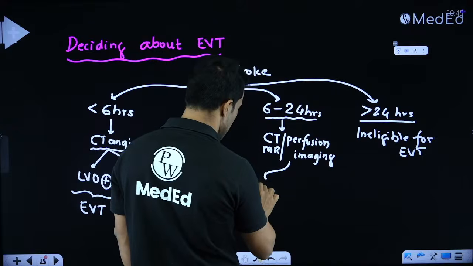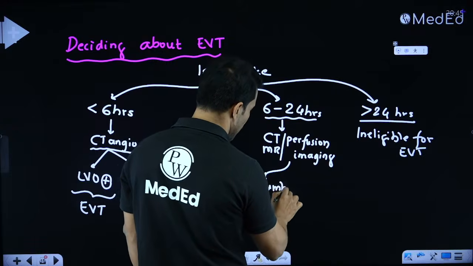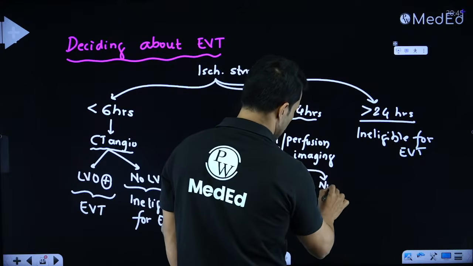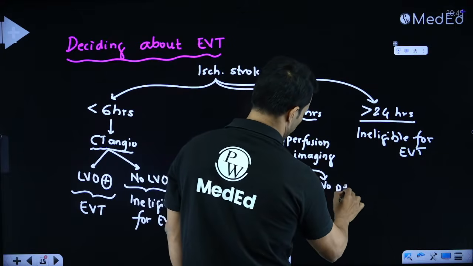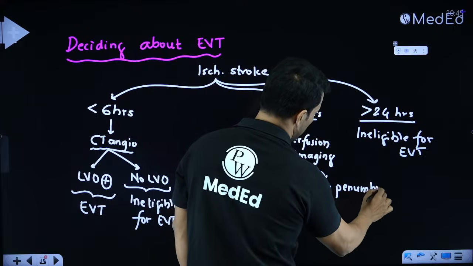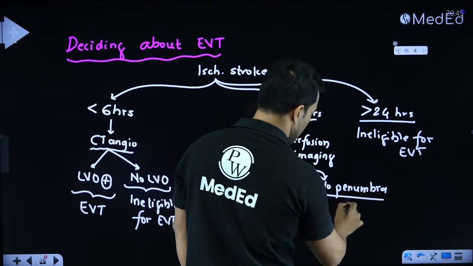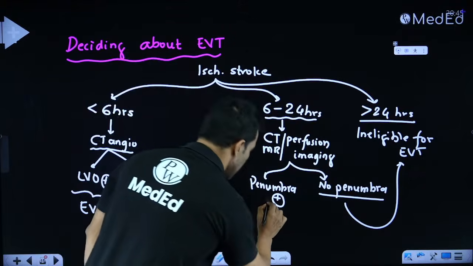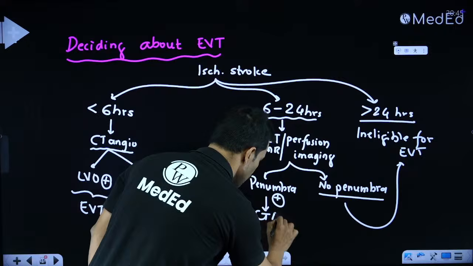If penumbra is present and on the angio there was a large vessel occlusion, then you go for EVT. If there is no penumbra, by default, they are ineligible for EVT, right?